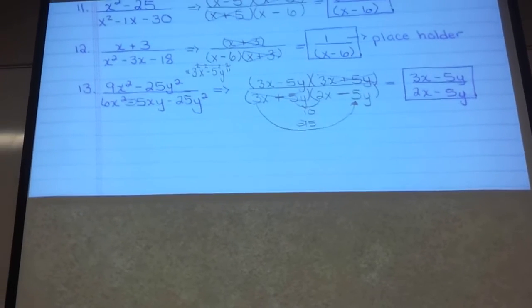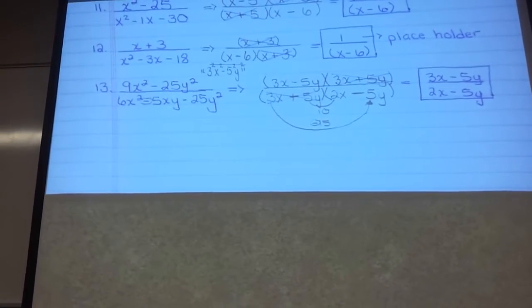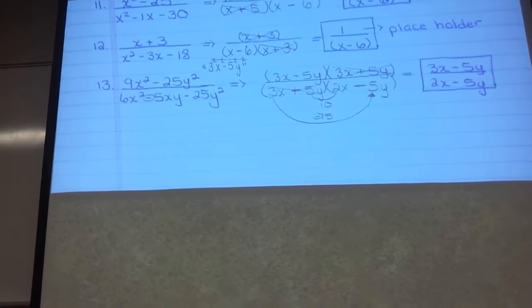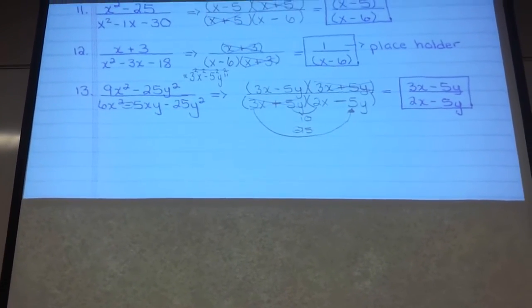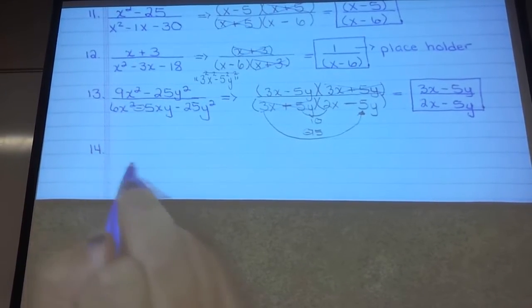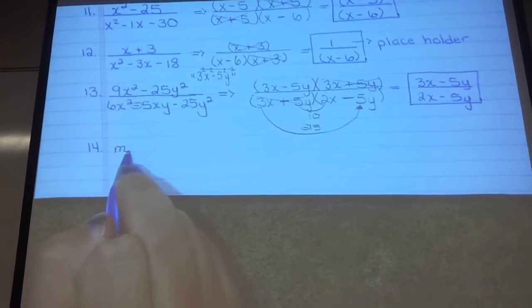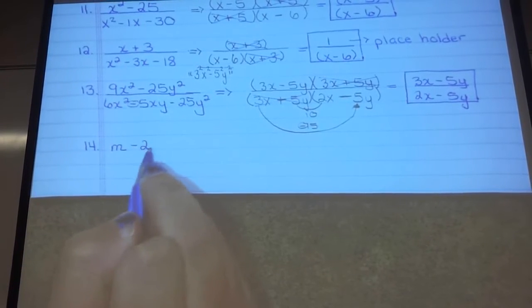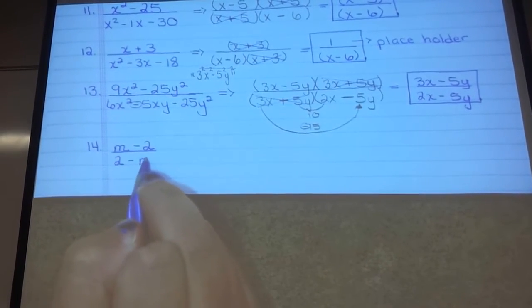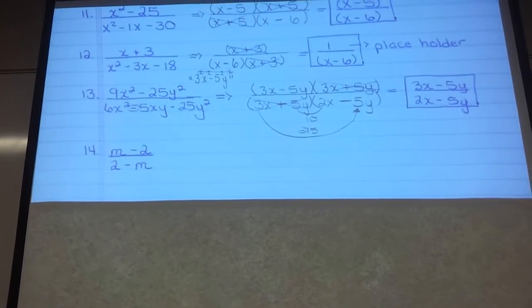The only problem at the very end, and Chris, it's something you asked me, when you said, do they have to be identical for them to cancel? They do. But if it looks like something like this, m minus 2 over 2 minus m. Let's say we have that.